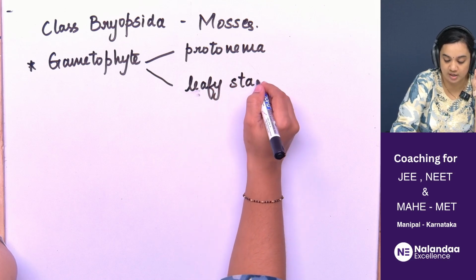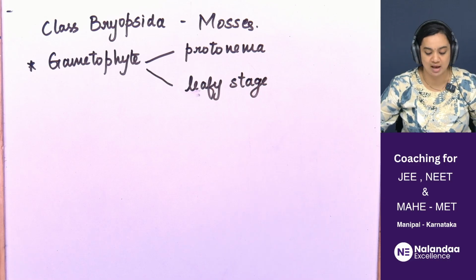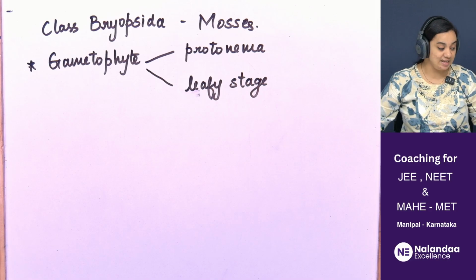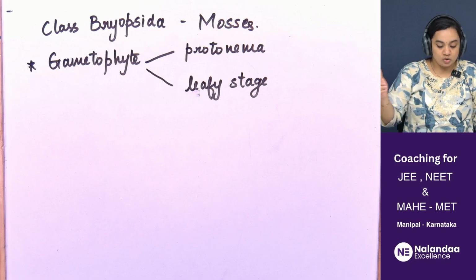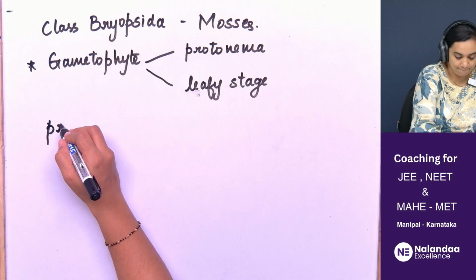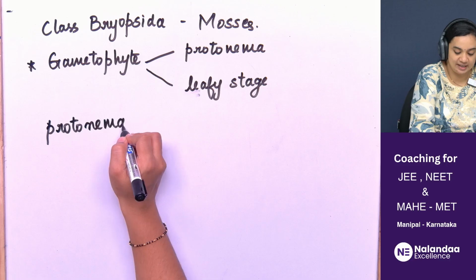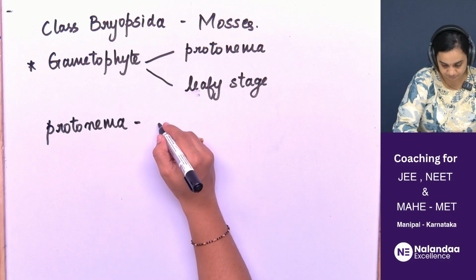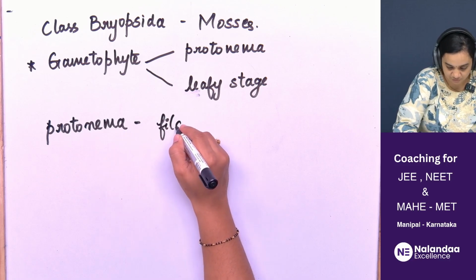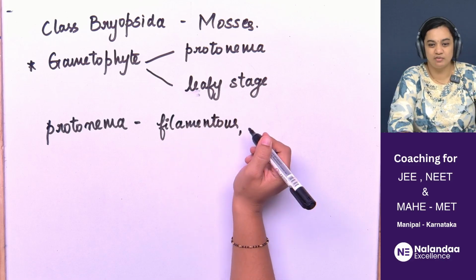So there is a juvenile or initial protonema stage, and then the second leafy stage. Okay, so what is the protonema? It is branched filamentous green cells. It's a filamentous thallus, kind of like your algae.